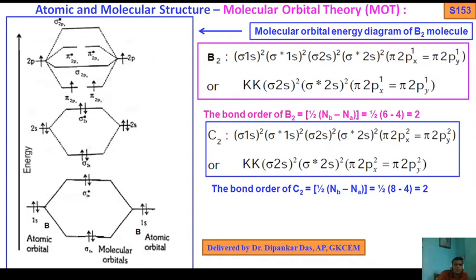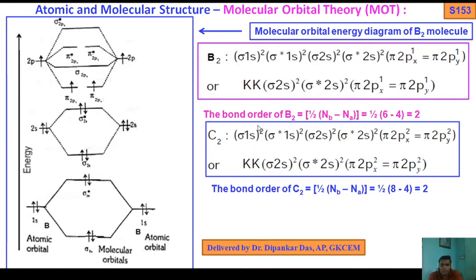Next, move on to the MO of B2, which is the same. B2 means boron 5 plus 5, that is 10 electrons, because boron is 1s2 2s2 2p1, that is 5. Carbon is 6.